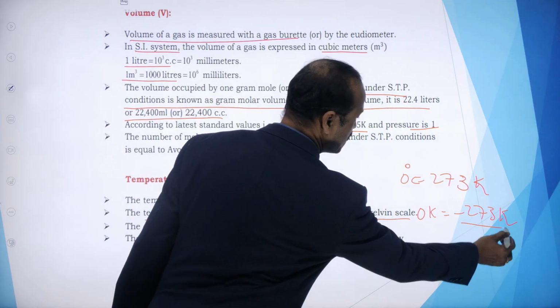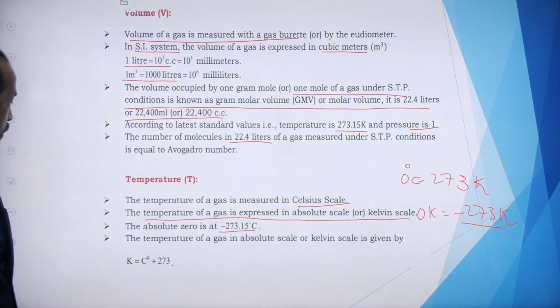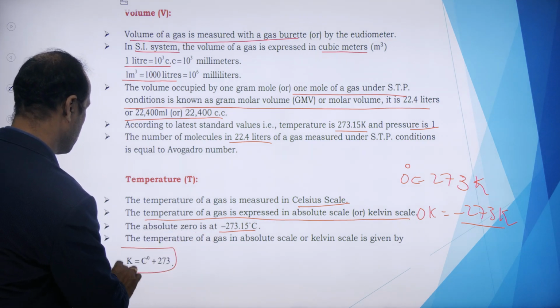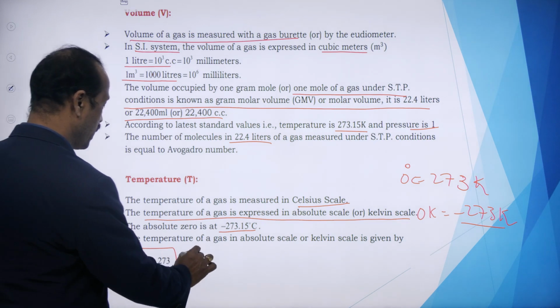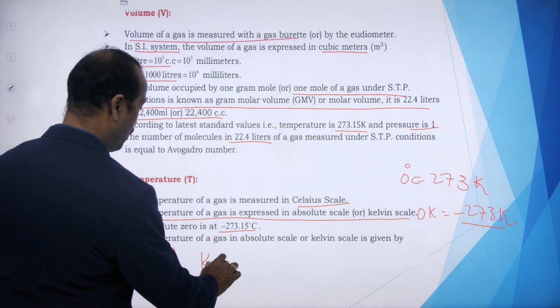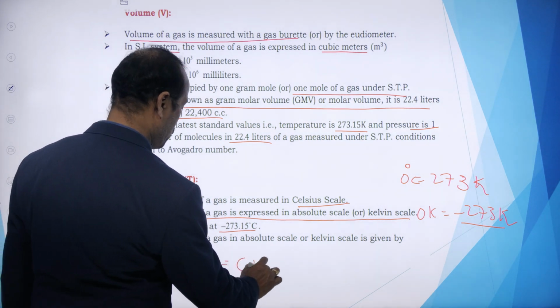See here, minus 273. I am not writing 0.15, I am taking a round figure. And the temperature of the gas on the absolute scale is K equal to C plus 273. This is a formula. If you want to convert Celsius into Kelvin, then K equals C plus 273.